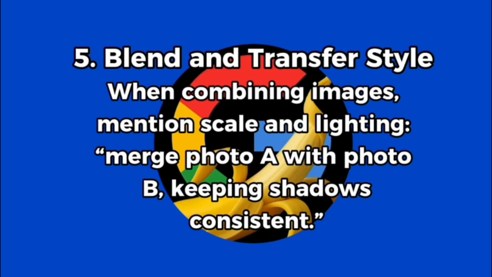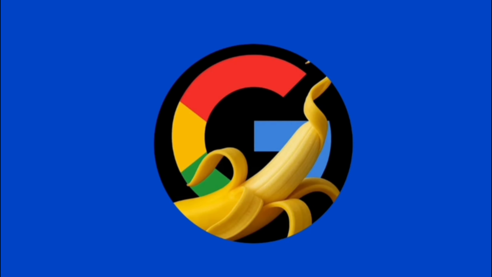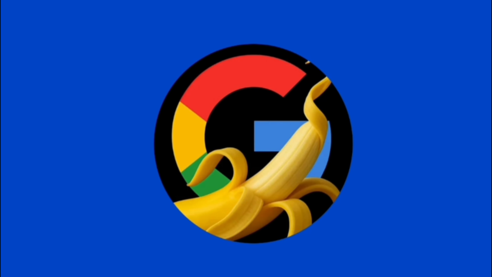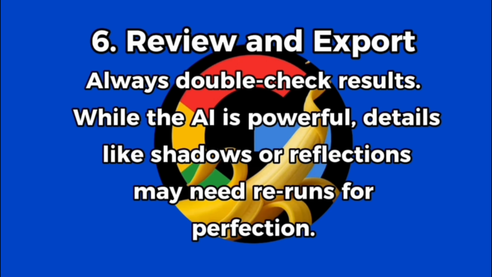When combining images, mention scale and lighting: "Merge photo A with photo B, keeping shadows consistent." For style transfers, specify: "Apply watercolor texture from image B onto the jacket in image A." 6. Review and export. Always double-check results. While the AI is powerful, details like shadows or reflections may need reruns for perfection.